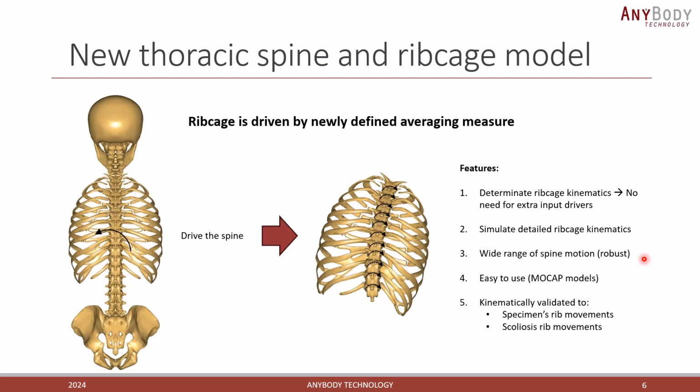It's very robust. You can do almost whatever the spine alignment is. And it's very easy to use. It's very beneficial for MOCAP models. In the second paper, we did some kinematic validations, and we compared the rib movements to specimens from the literature.